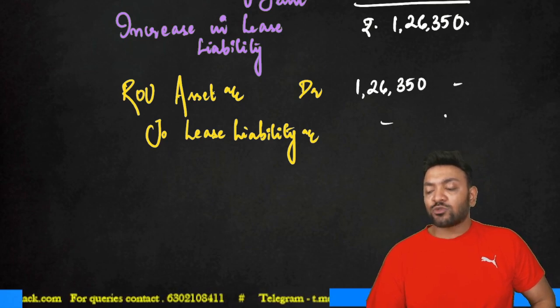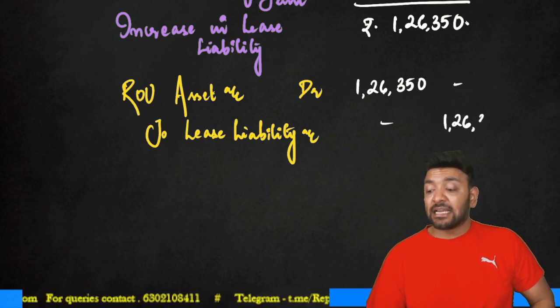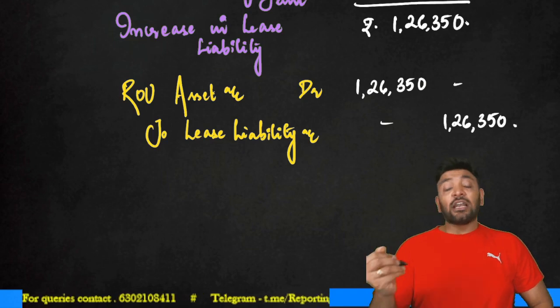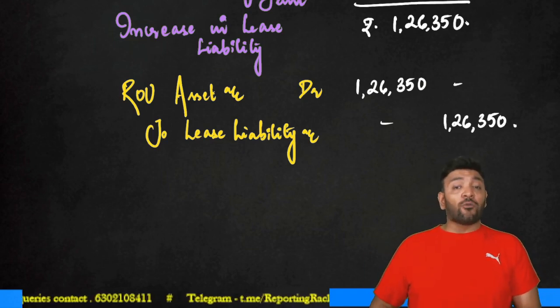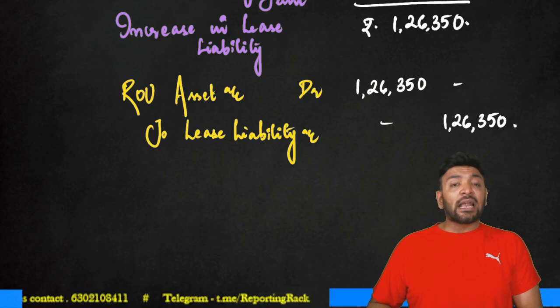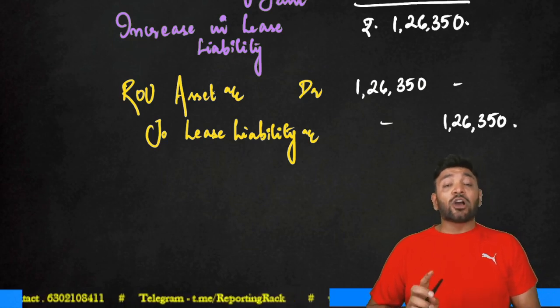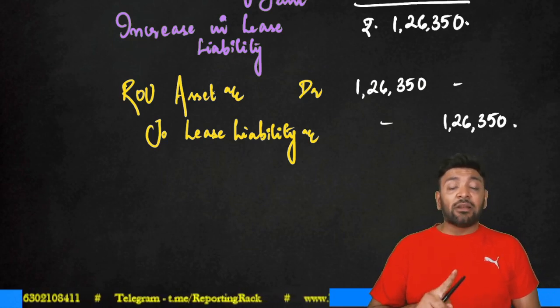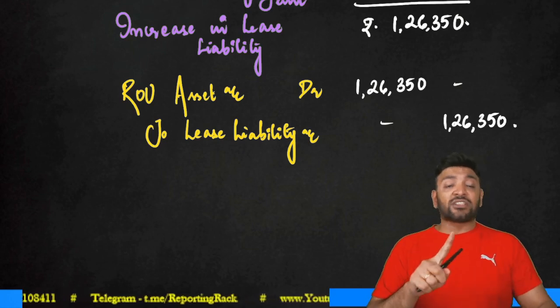No profit or loss will be recognized unless there is a decrease in scope of the asset. We have already recognized when there was a decrease in scope what is the P&L. We have already done that. Here it is not necessary because the exact amount of change in lease liability should be the exact amount of change in ROU asset.